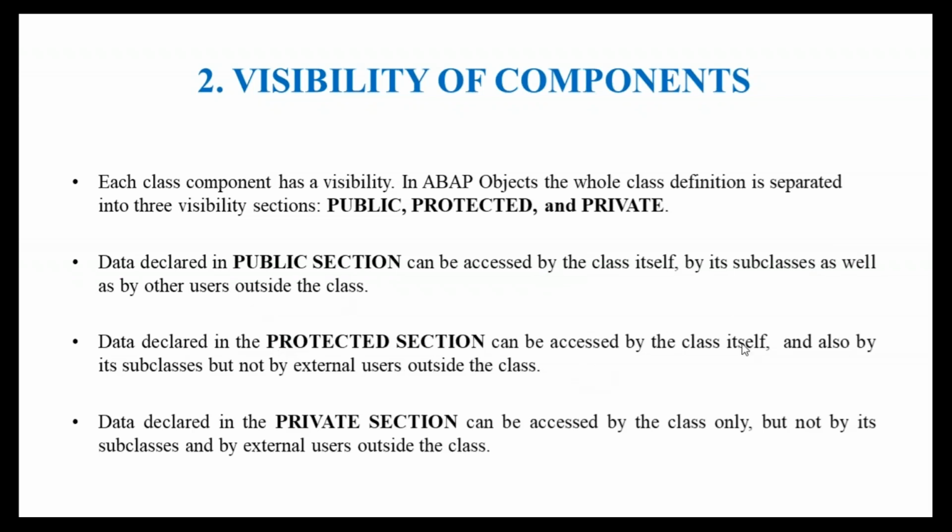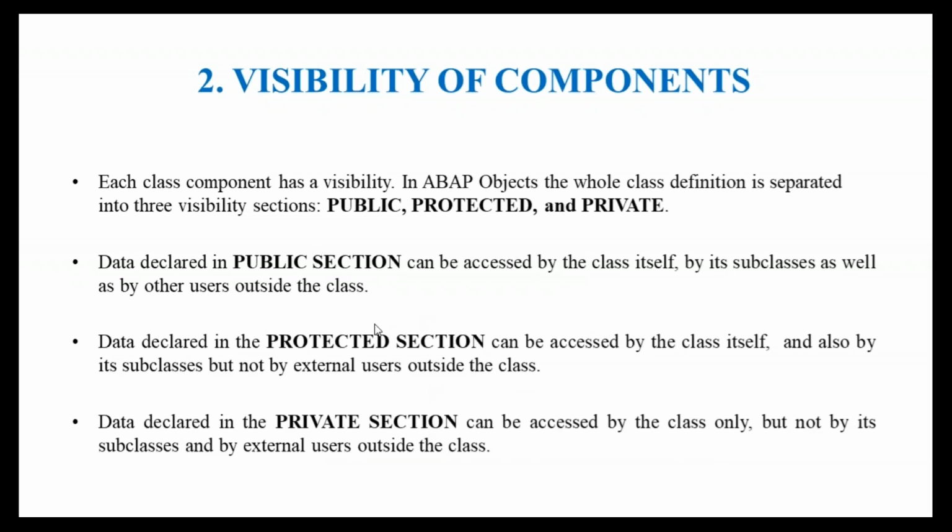The protected section can be used by the class and its subclasses. In the private section, only the class can use it, not even the subclasses can make use of whatever we have declared there.